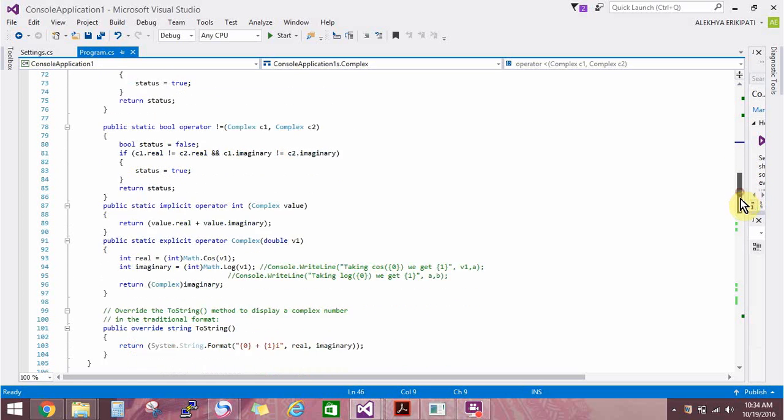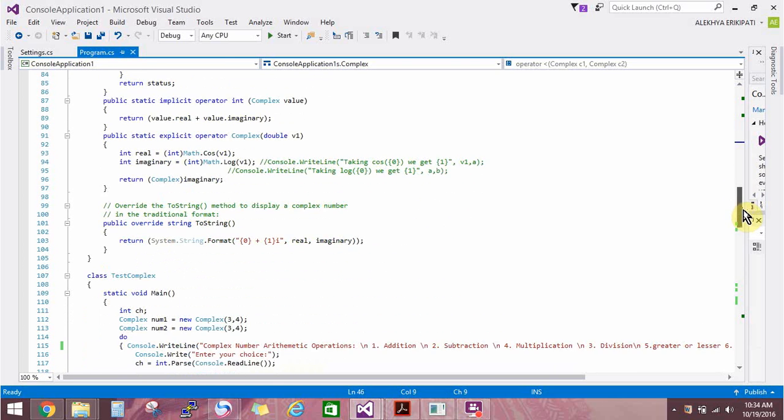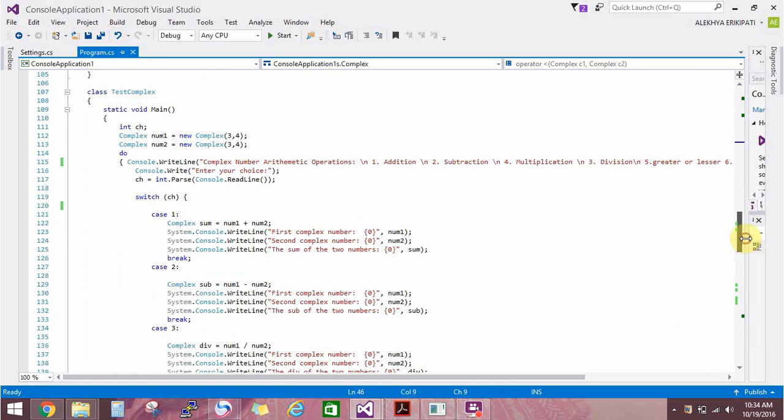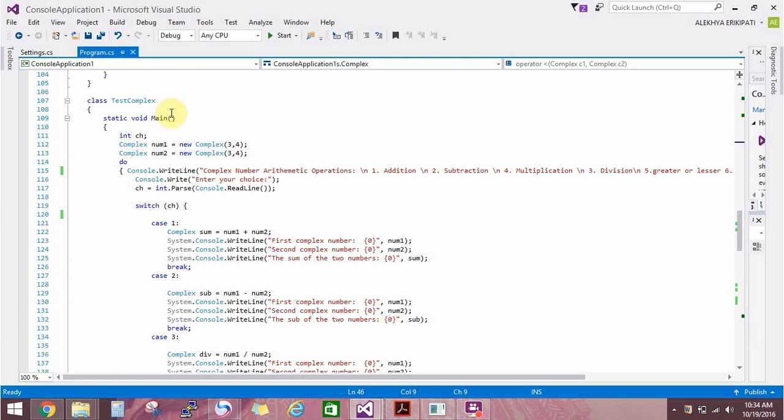Here in my program there are two conversion functions, the explicit operator and the implicit operator. When we go to the main function, I have created two objects for my constructor called Complex.